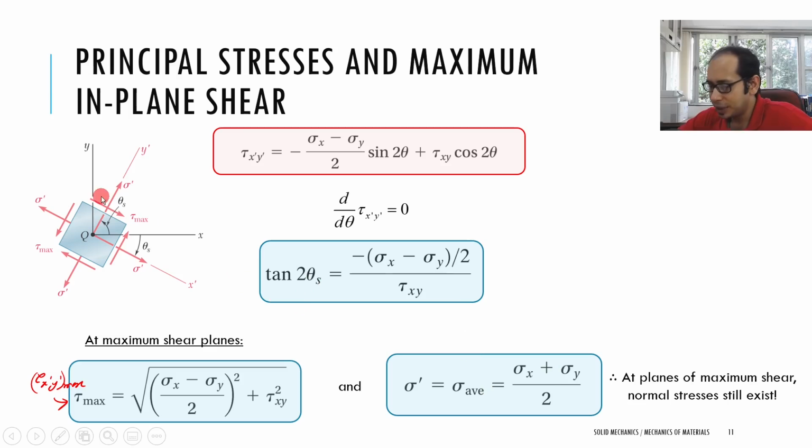In a nutshell, when you rotate the element about the angle which gives you your maximum shear, at that position you will still have the normal stresses, and the value of the normal stresses across all four faces, the directions will depend upon the directions of the stresses in the original element. So don't be bogged down by the directions. When we calculate that, you will see how they change, but the magnitude is going to be the average of the original stresses that you have, right?